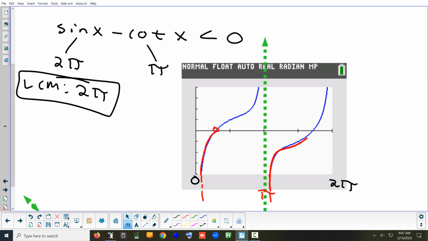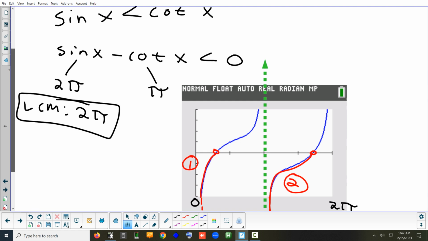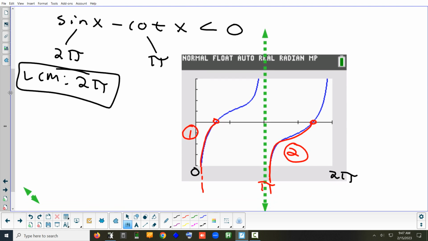You have to describe that section. Section 1, section 2. So you need to tell me where section 1 starts and stops, and where section 2 starts and stops. Okay, where does section 1 start? It's going to get really close to this number, but I don't think it's ever going to reach this number.